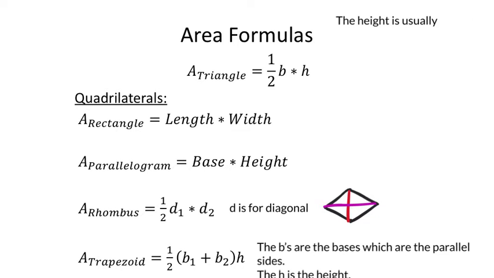It's usually shown with a dotted line. In addition to that, the dotted line has to be 90 degrees with whatever the other side is. Usually it's length.